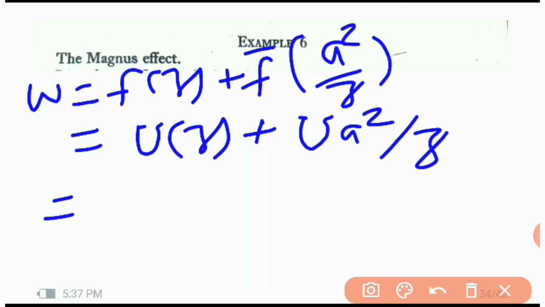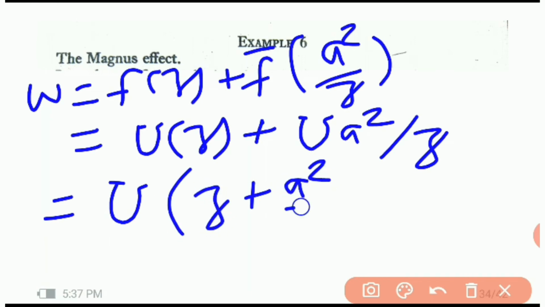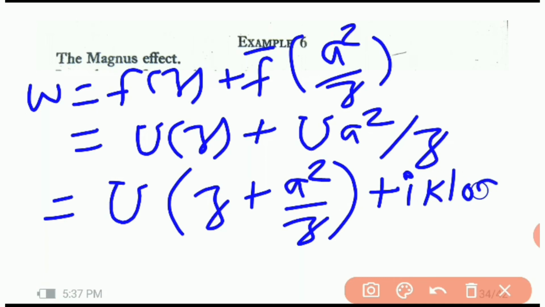So this can be written as U is common, so we have (z + a²/z) plus ik log z. This is w.